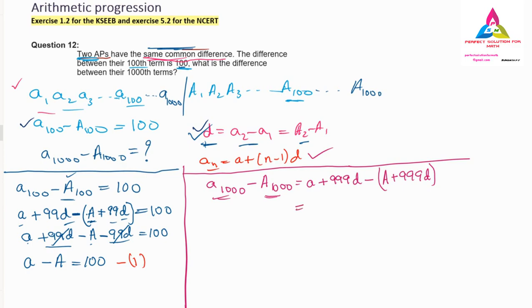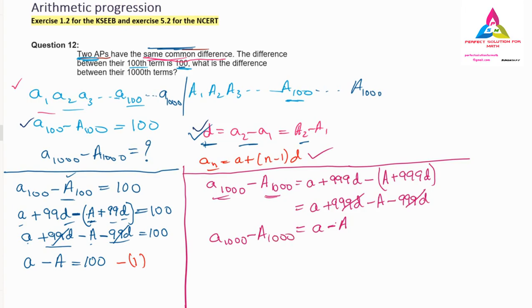The calculation we have to follow. a I have to write as it is plus 999d, minus, we have to multiply inside, so minus into plus A is minus A, minus into plus again minus 999d. So again you can see here 999d gets cancelled.